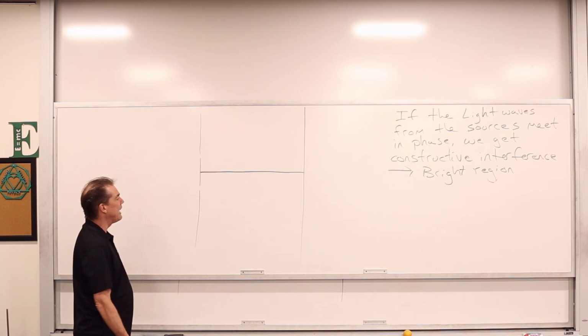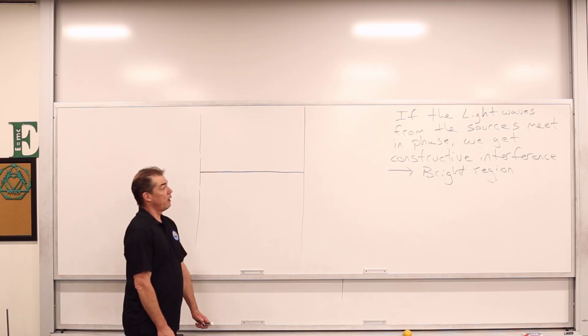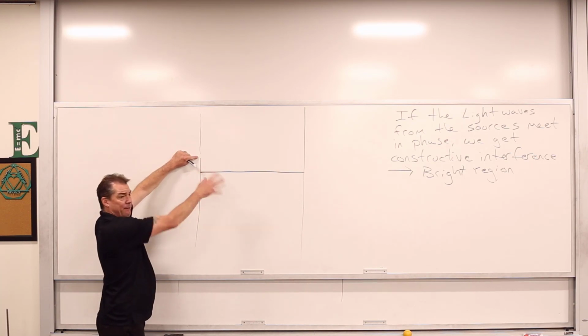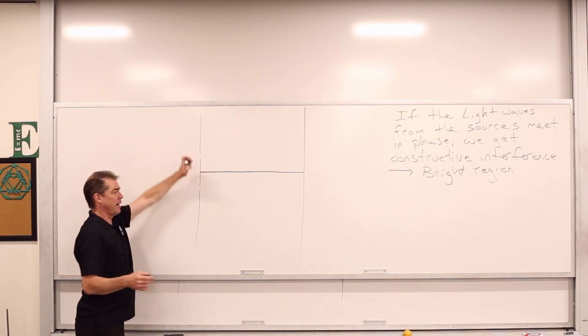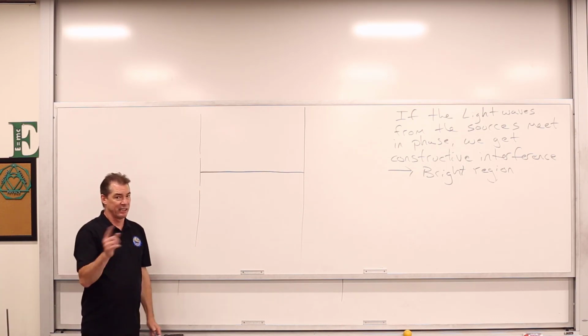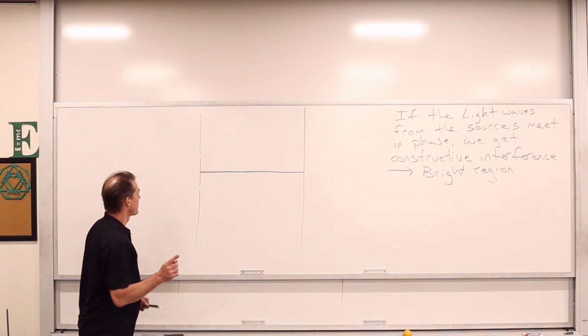So where is constructive interference going to occur? Well, because they start in phase here, and we want them to end in phase over at the screen, it comes down to the paths that they have to travel, the lengths through space.